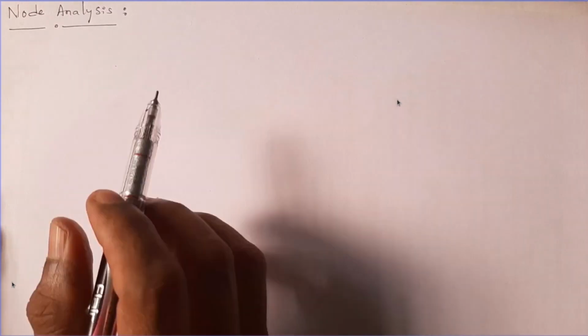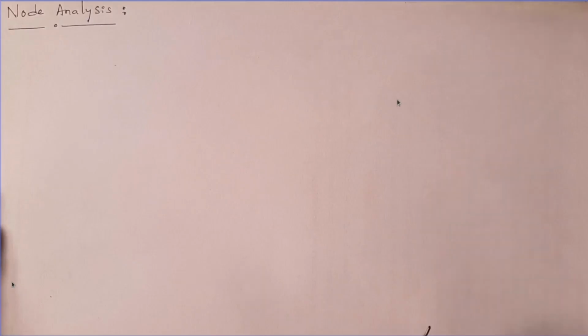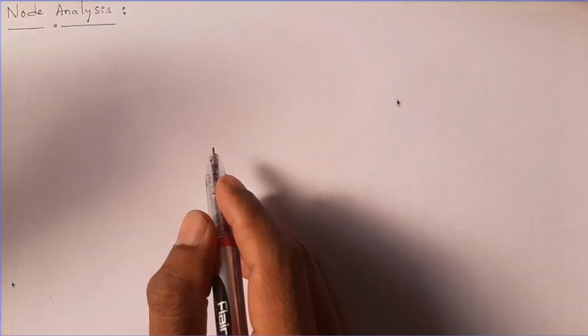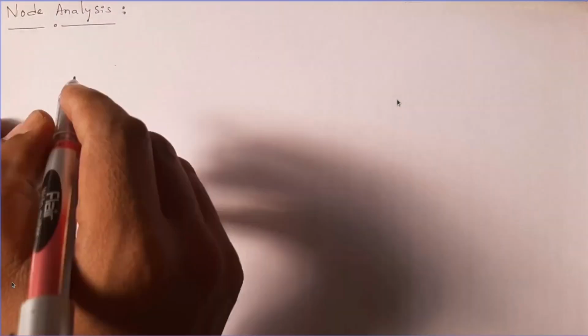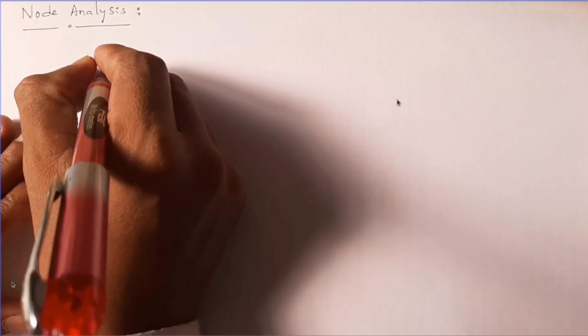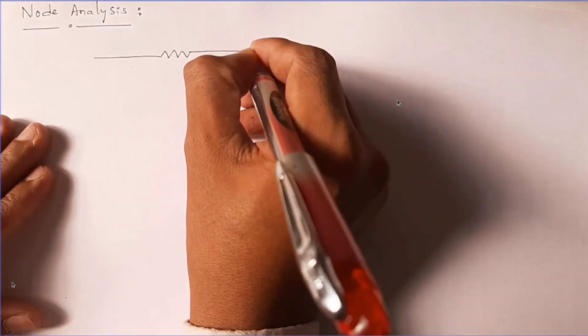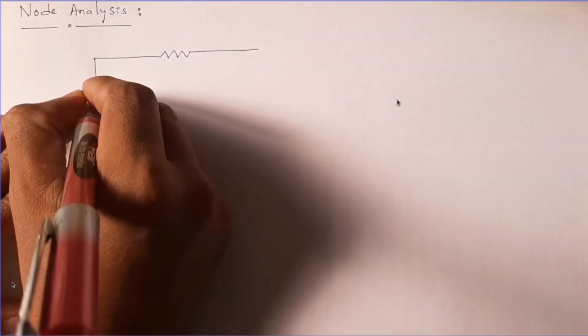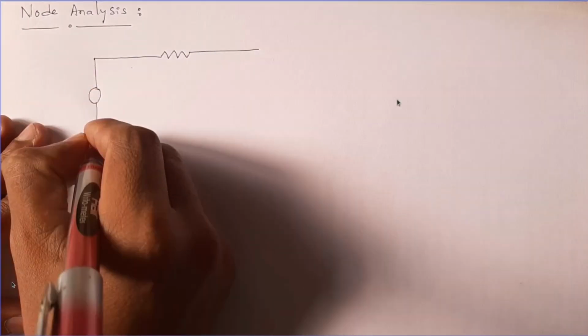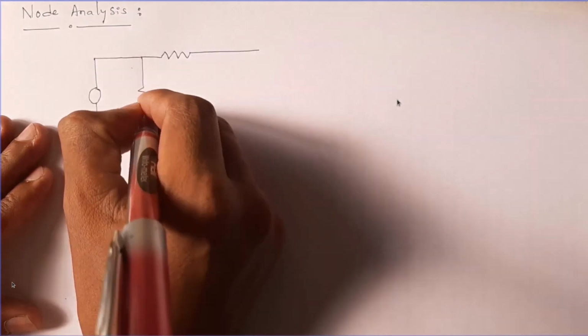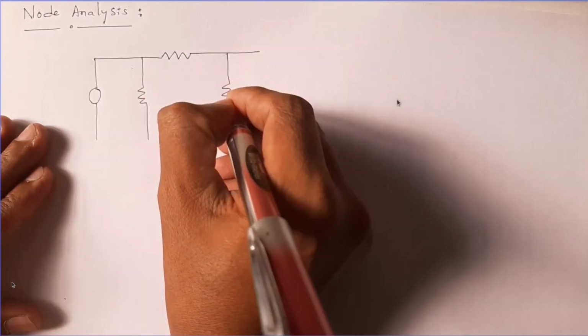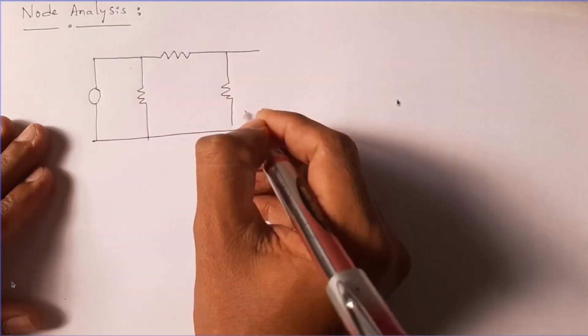Okay, so let us take a simple example of a network or a circuit to discuss node analysis. Consider that this is the circuit given, with 3 resistors and 2 current sources.